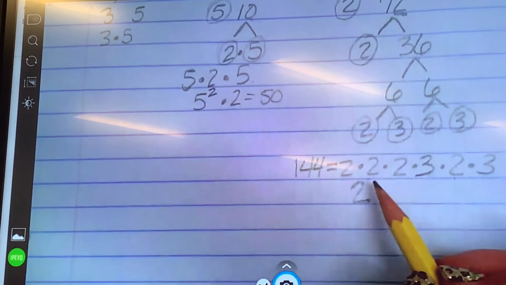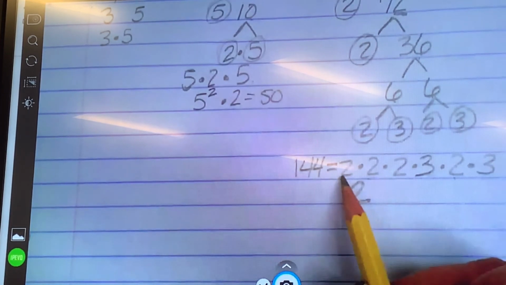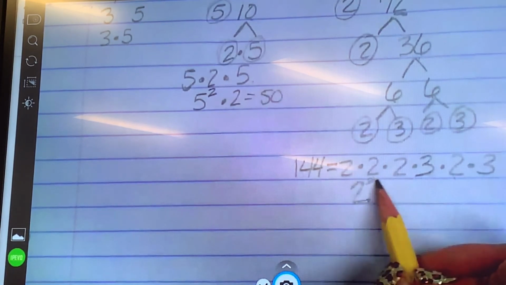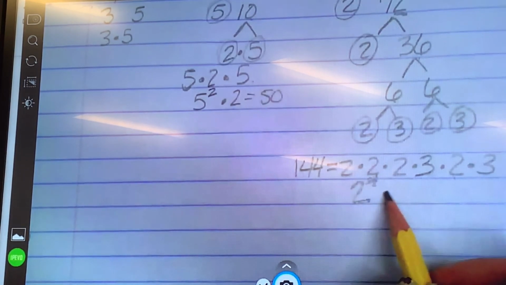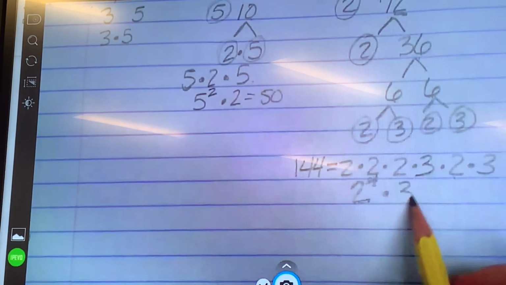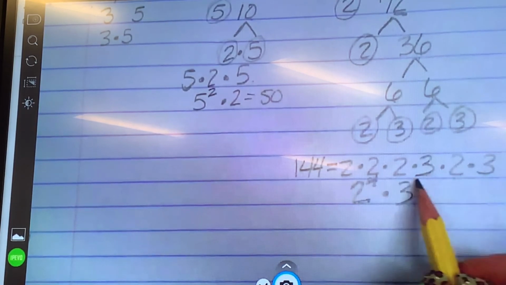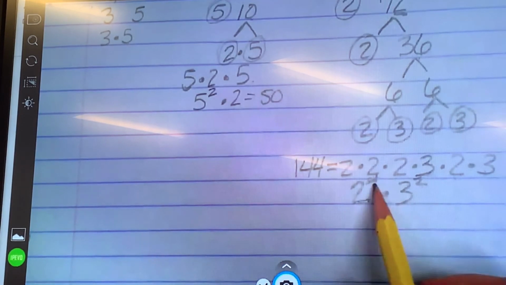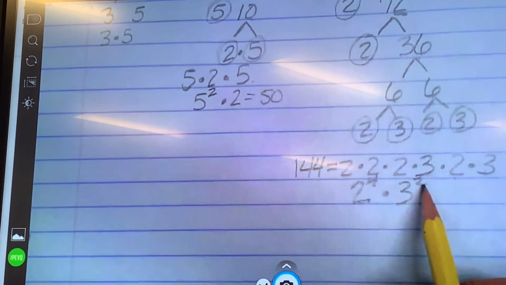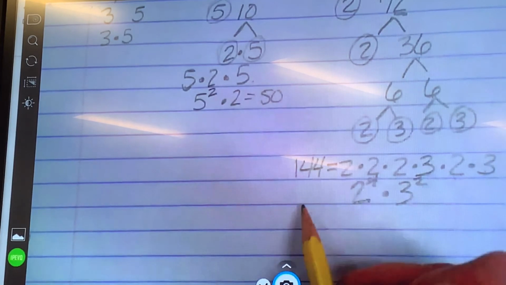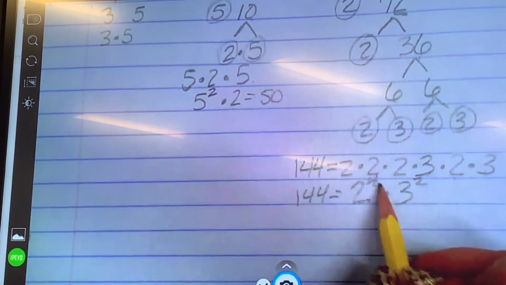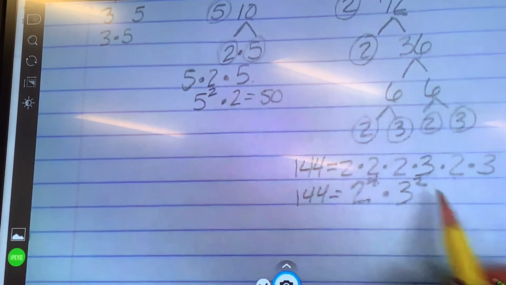And then your exponent is how many times it repeats. 1, 2, 3, 4. 2 to the 4th times 3 as the base, and it repeats twice. 2 repeats 4 times, 3 repeats twice, so 144 equals 2 to the 4th times 3 squared.